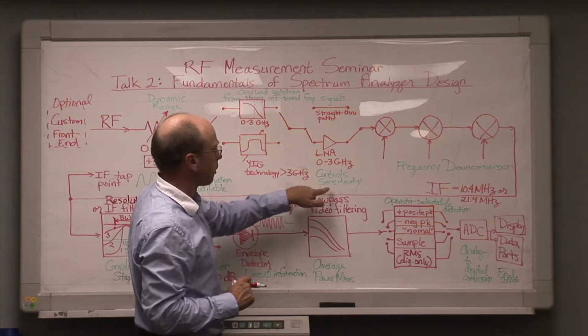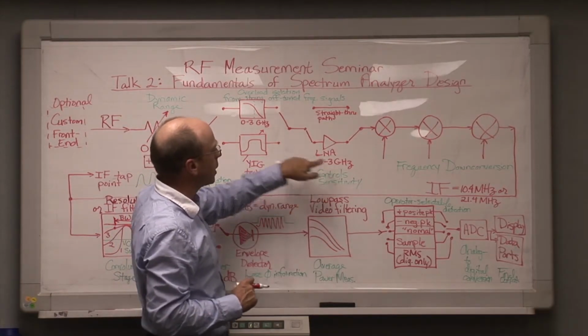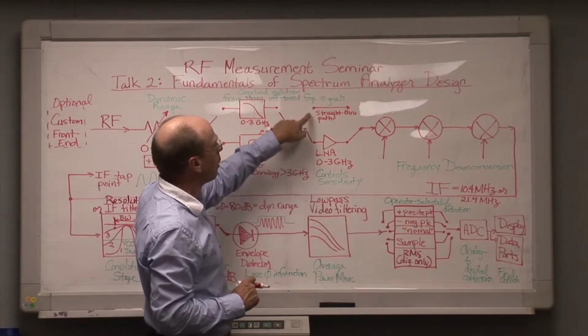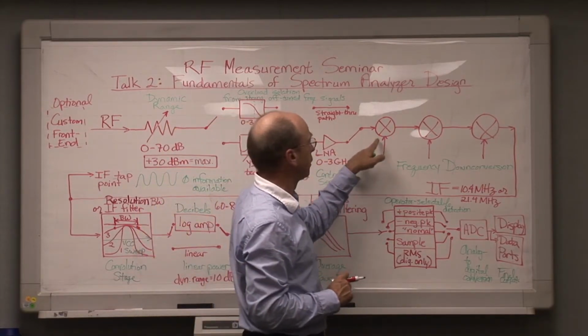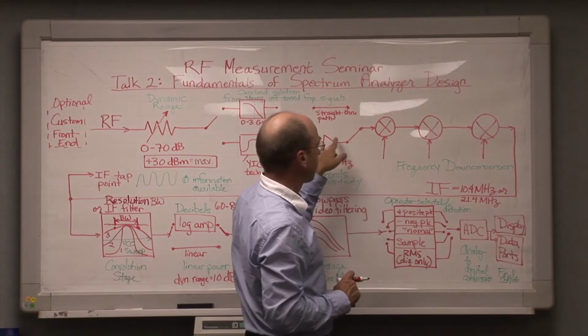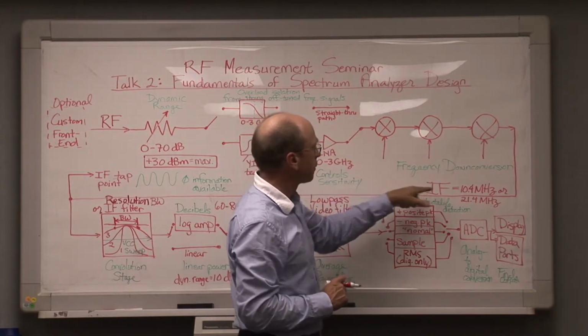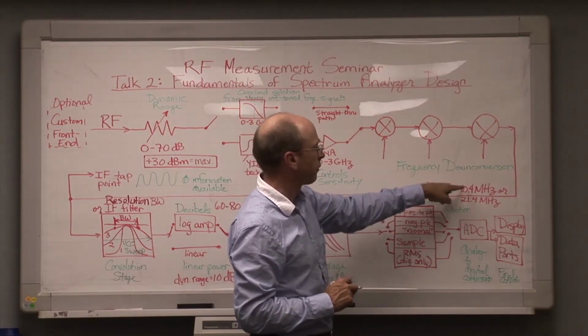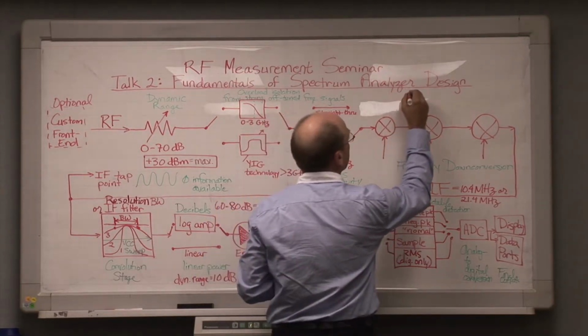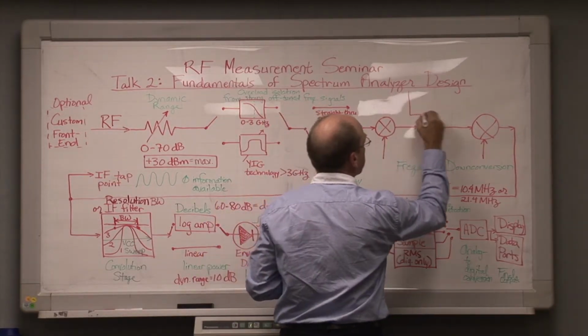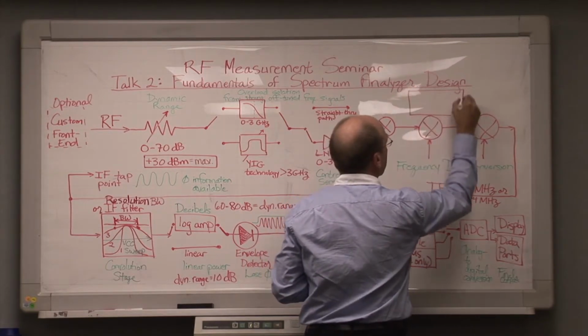Next, we control the sensitivity of the spectrum analyzer by either going through a low noise amplifier or going through a straight through path. Next, we perform frequency down conversion, which gets us from the RF frequency that we're trying to measure down to a frequency of either 21.4 or 10.4 megahertz typically. Now, one brief digression in this regard.